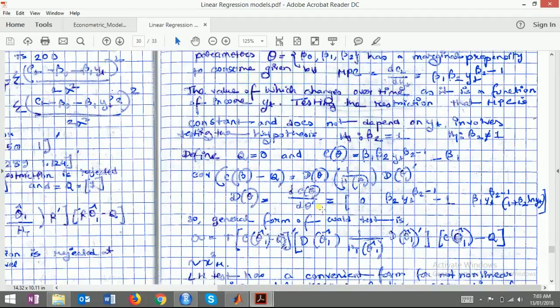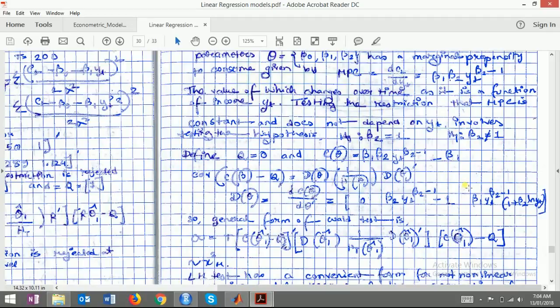The derivative d g over d theta of the marginal propensity to consume is 0, beta 2 y_t beta 2 minus 1, beta 1 y_t beta 2 minus 1 plus beta 1 beta 2 y_t beta 2 minus 1 log of y_t, which is beta 1 y_t beta 2 minus 1 multiplied by 1 plus beta 2 log y_t. Okay, fine.